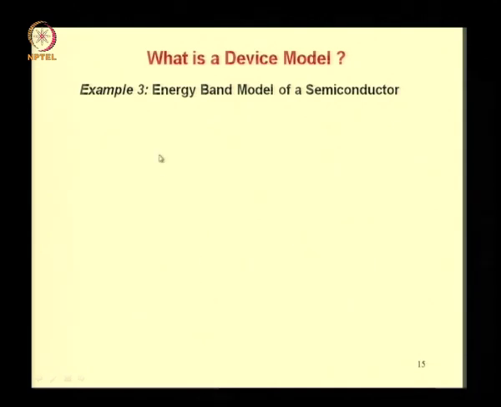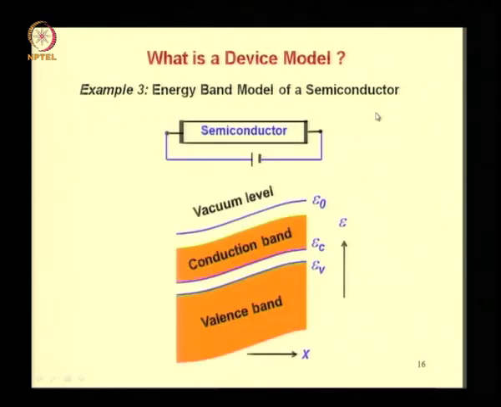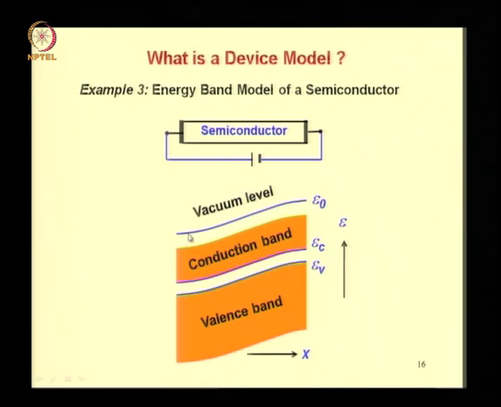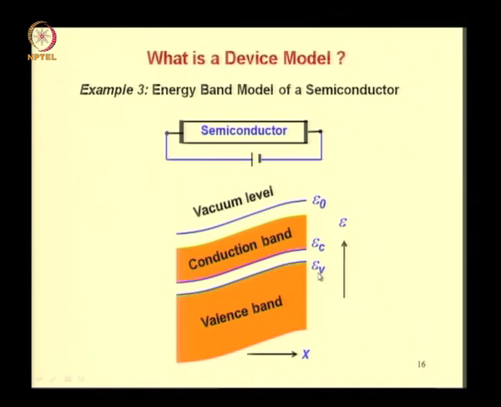Let us look at one more example, the energy band model of a semiconductor. Here is a semiconductor across which a voltage has been applied. Now the conditions within the semiconductor can be represented using this diagram which is called the energy band diagram, where this E0 is the vacuum level, EC is the conduction band edge, and EV is the valence band edge.